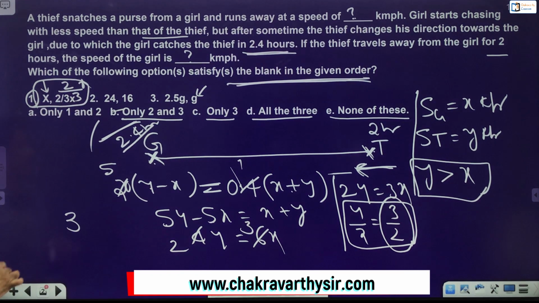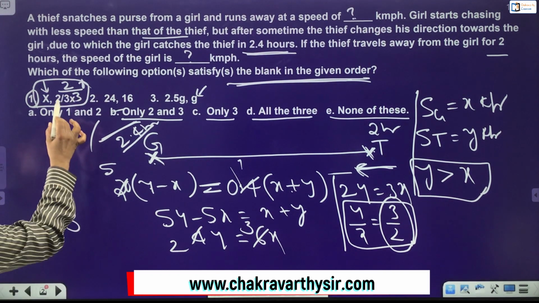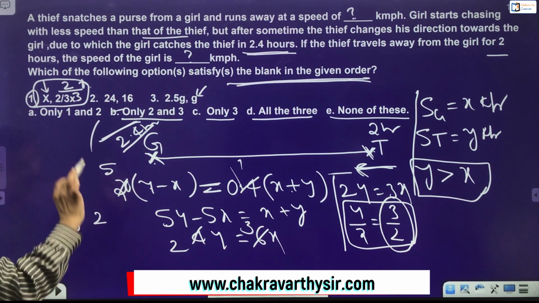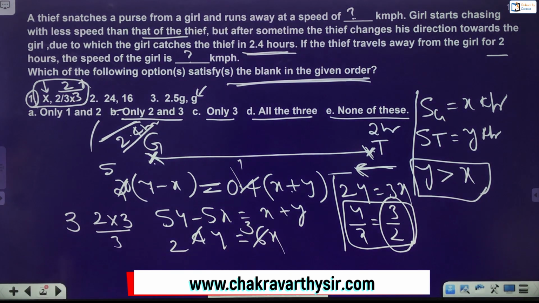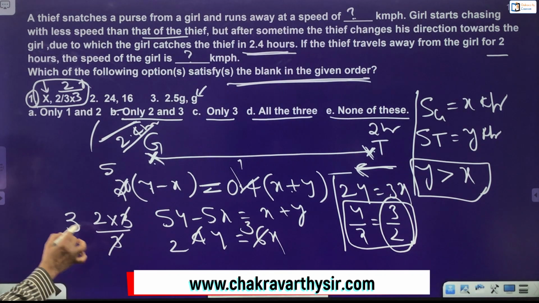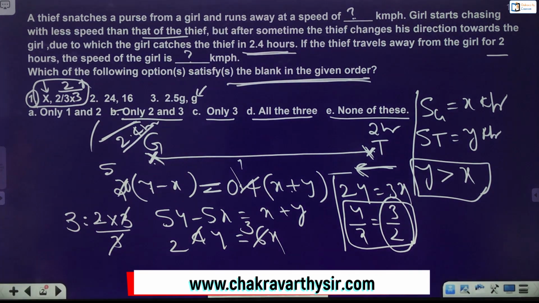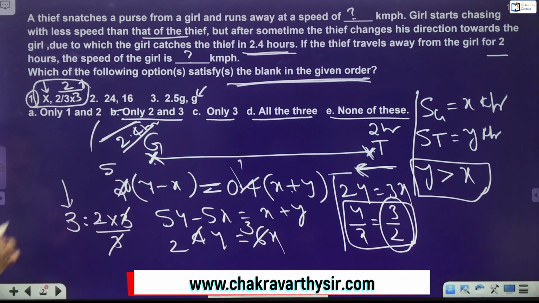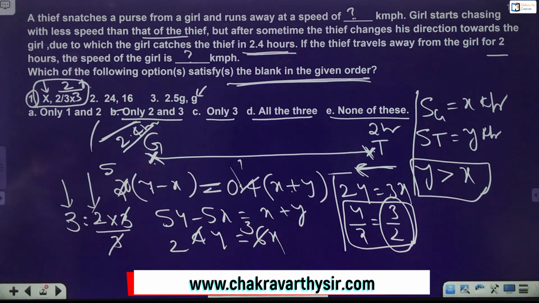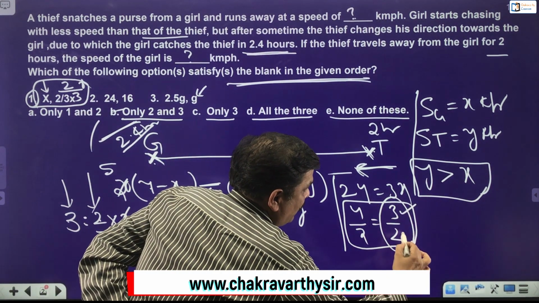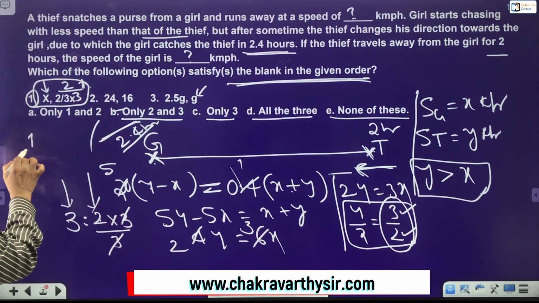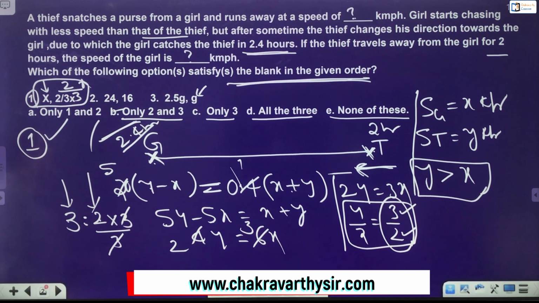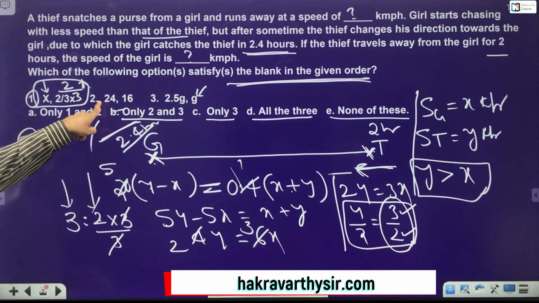In the options, 3, and this is 2x by 3, 2 into 3 by 3. Now 3 gets cancelled and this is 3 is to 2 only. Speed of the thief is 3. Speed of the girl is 2. What do you mean by this? Yes, the first one satisfies the condition. Got it?